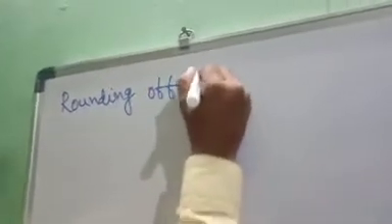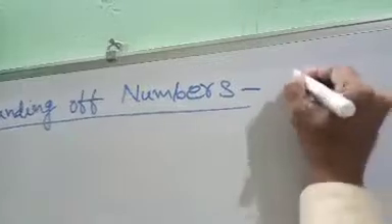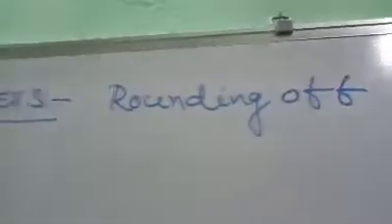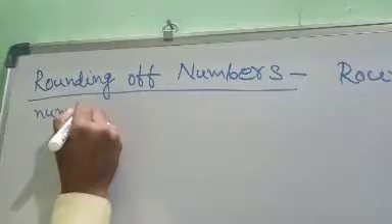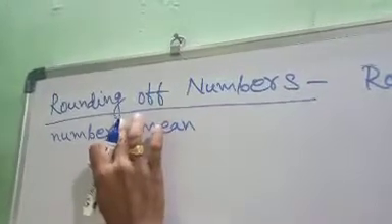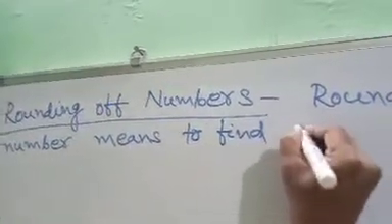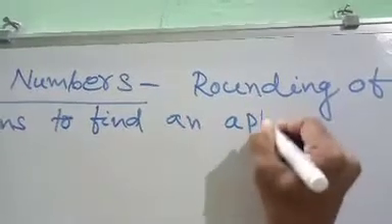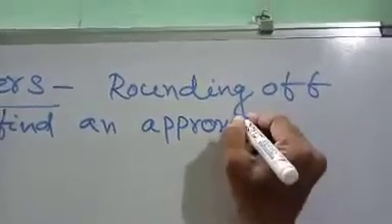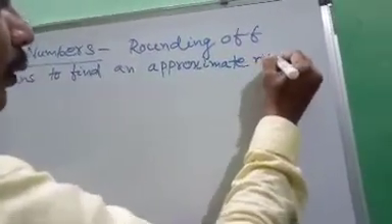Rounding of numbers. Rounding of a number means to find an approximate number.